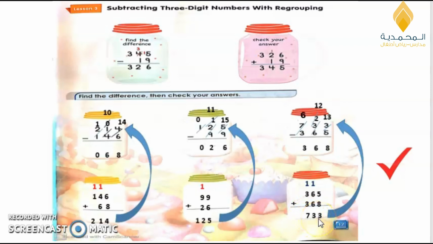So the answer is 733. It should be this number. Yes, it is. So our answer is super correct. So this is how we check if our answer is correct or not. Okay, so this is a subtraction. We check our answer by adding.